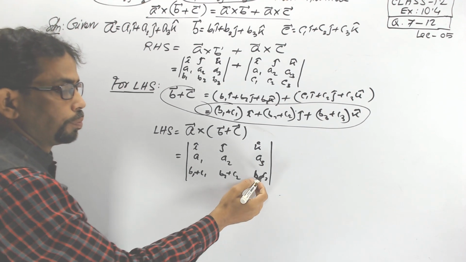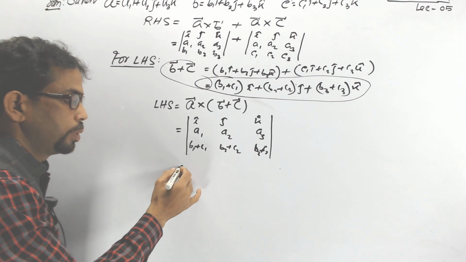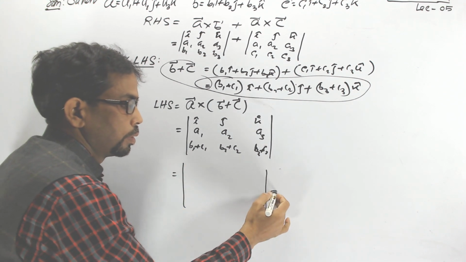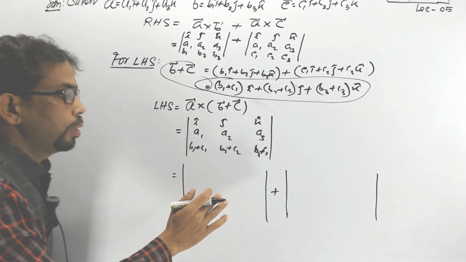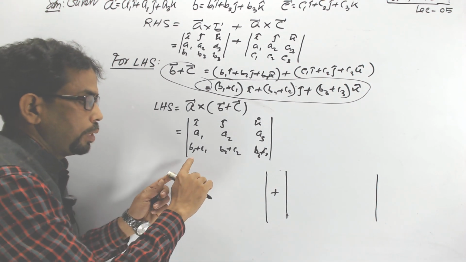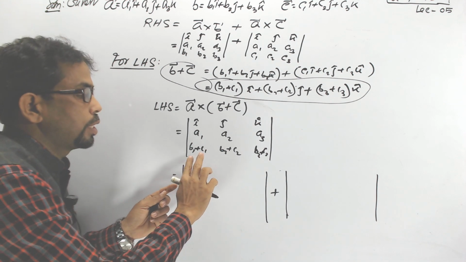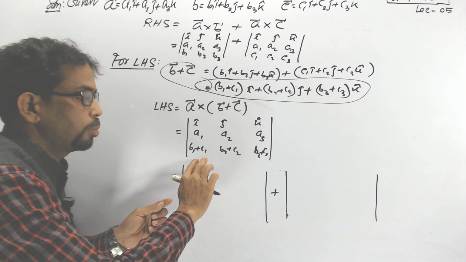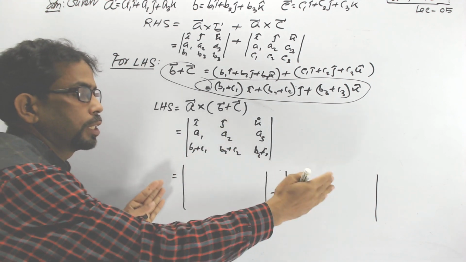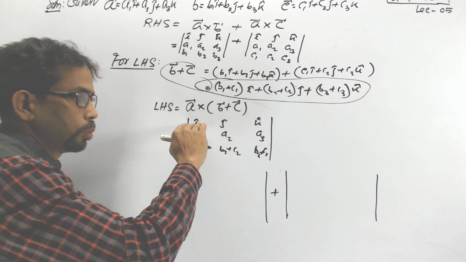And then we have a property of determinants, which is very simple to learn. If each entry of a row is the sum of two entries, then this determinant can be split into two determinants.